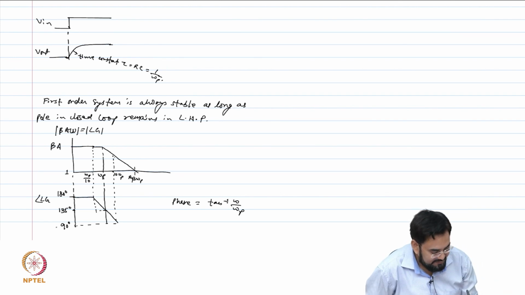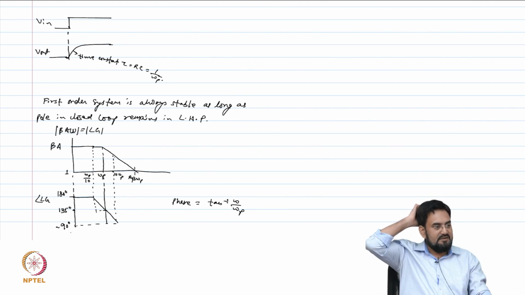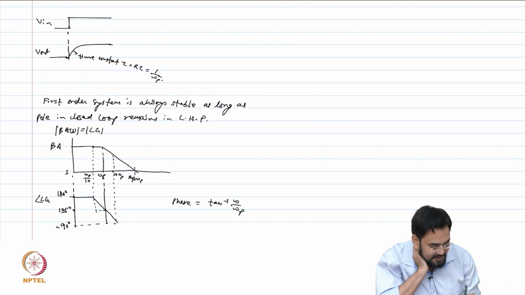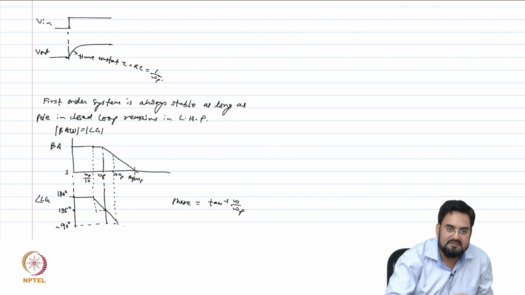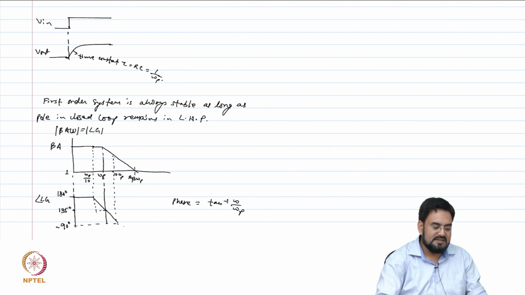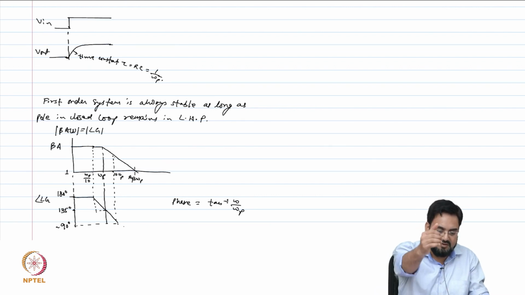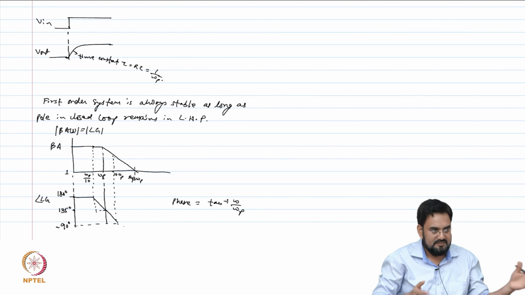This is actually an approximate value, not the exact value. This 45 is very accurate, but the starting point and ending point are approximate because you are showing a linear curve, but it's not linear. That's why, even if you don't consider the square root 2 in the gain and this 5 degree difference in the phase, you will be slightly off.